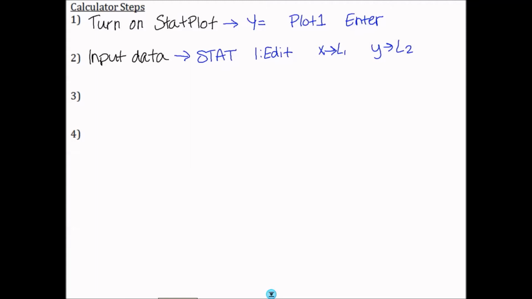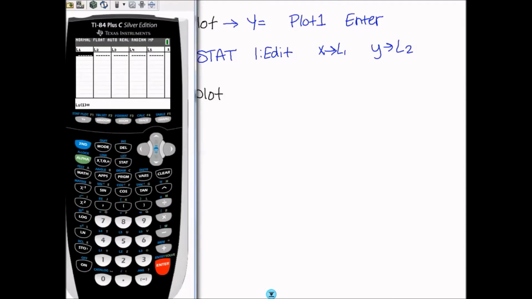Then you need to look at the scatter plot. So after you have input the data, you would then click Zoom and 9, which says Zoom Stat. That will take you to the graph and change the window so that you can best see the scatter plot that you input the data for.